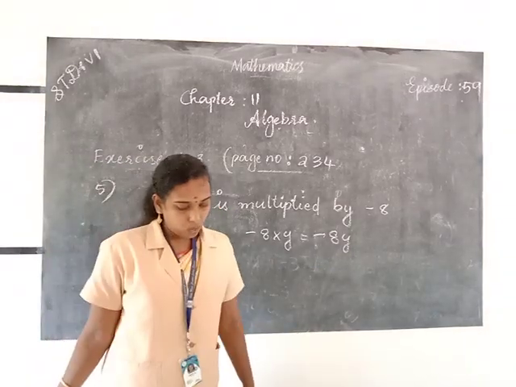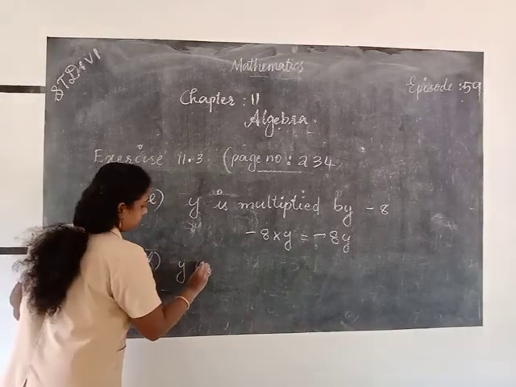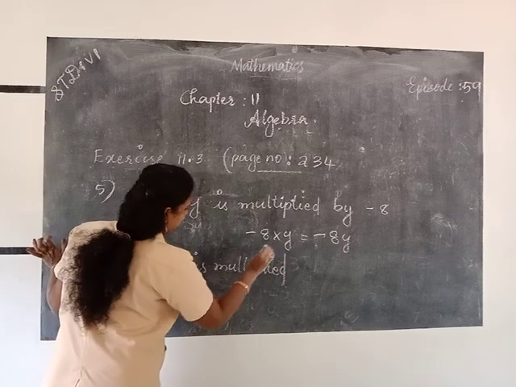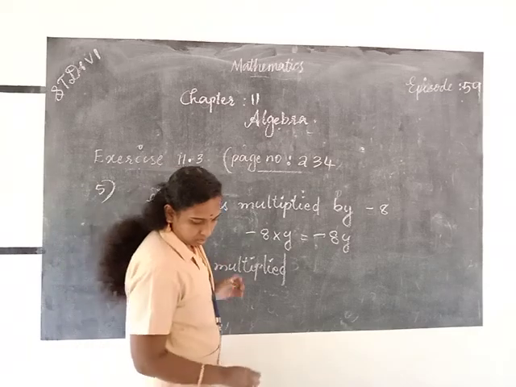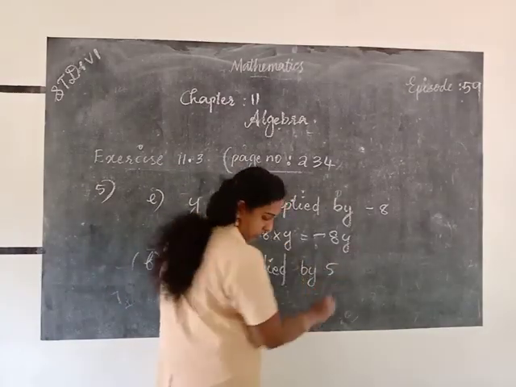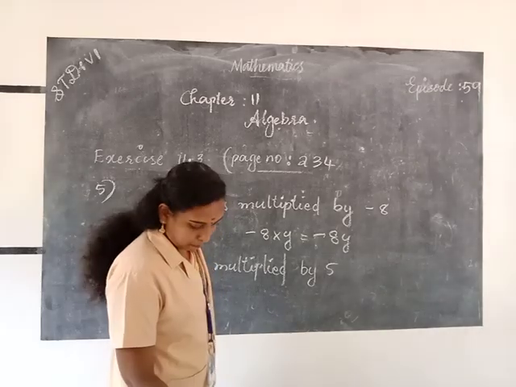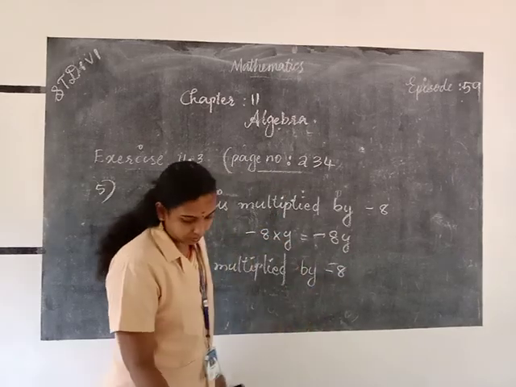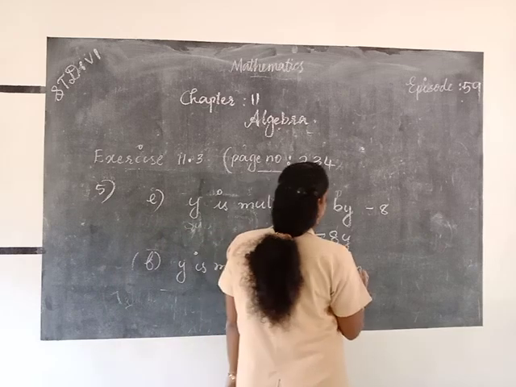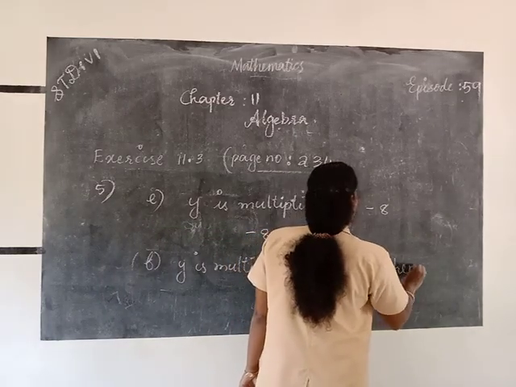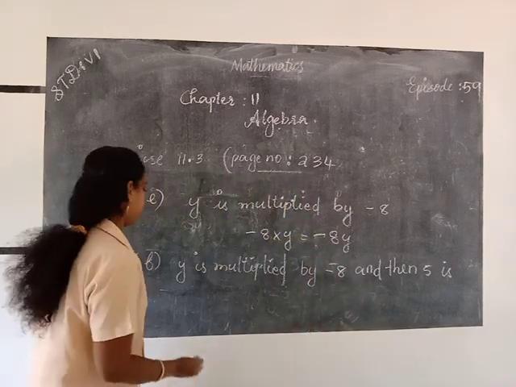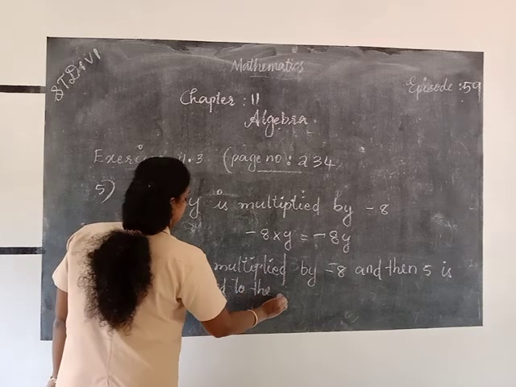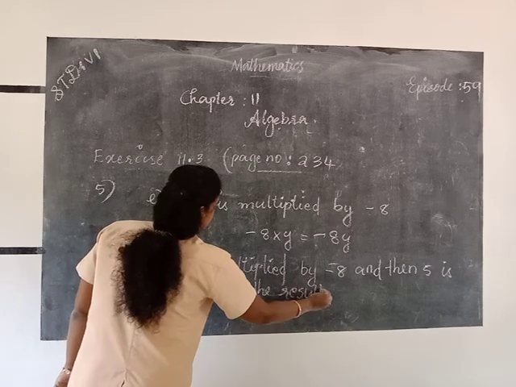Then the next question. Y is multiplied by minus 8, and then 5 is added to the result.